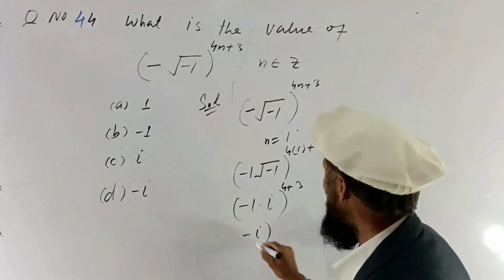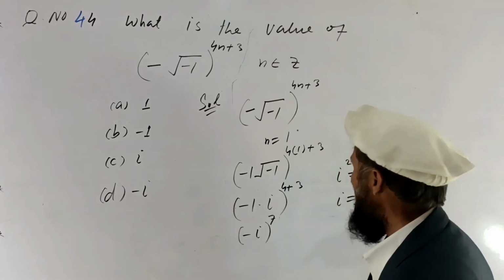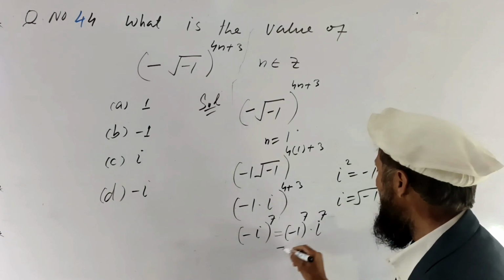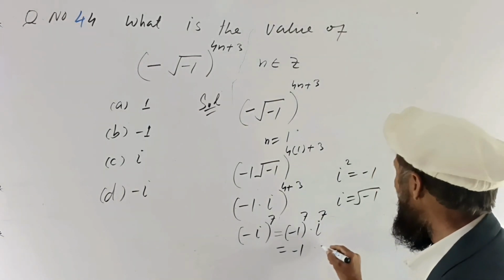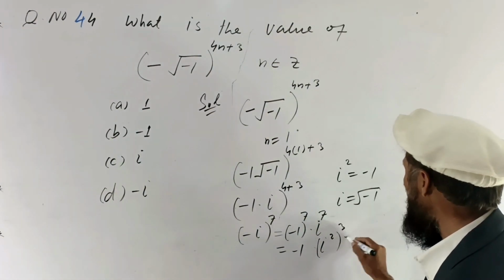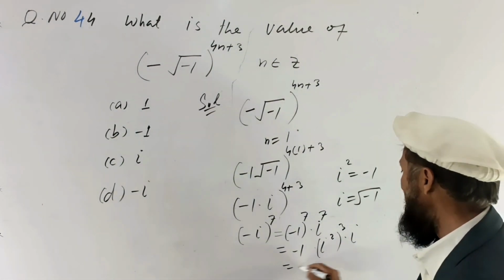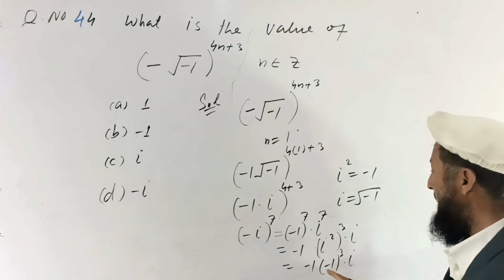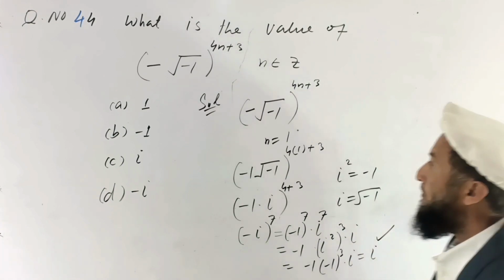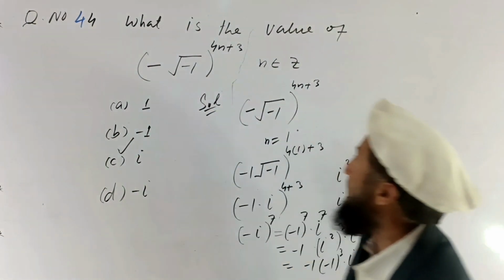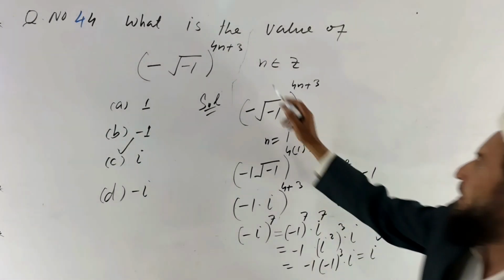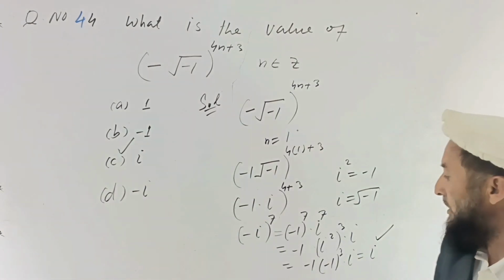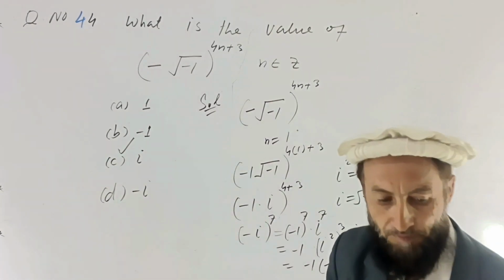So minus iota whole power 7 is odd number, we divide minus 1 power 7 and iota power 7. So that will be minus 1 and iota square power 3, we can write iota. So the result is here minus 1 and minus 1 power 3 and iota, minus plus and plus iota. Plus iota, C is the correct answer because 4n plus 3 is an odd number, so we get the result here iota.